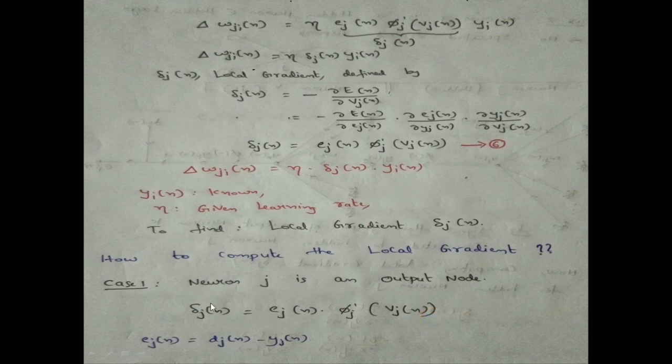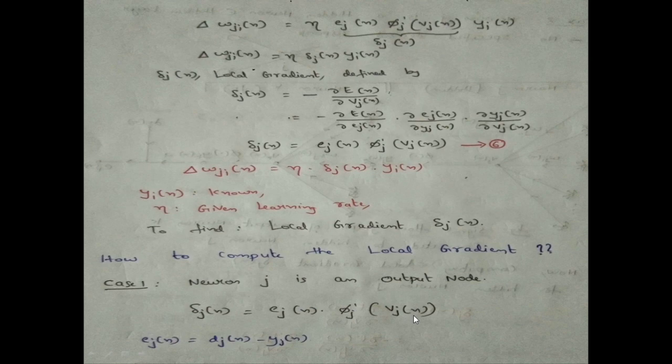As the neuron is located in the output layer, we use the error signal equation Ej of n is equal to Dj of n minus Yj of n. Having determined this error signal, it is straightforward to calculate the local gradient: delta j of n is equal to Ej of n into phi j dash of Vj of n.